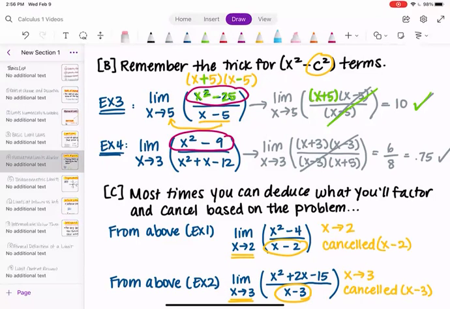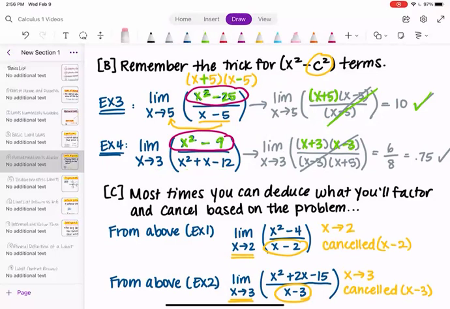There's another example down here. We had a case where there was an x squared minus 9, where the square root of 9 is 3. So now I have x plus 3, x minus 3, right? But in this bottom case, this isn't an x minus something where that something is the same as this, but it's also not the case that we're looking at. So we're going to have to factor normally.